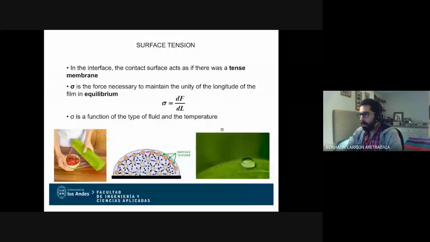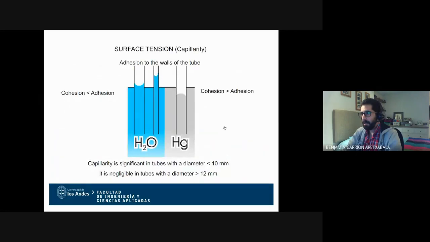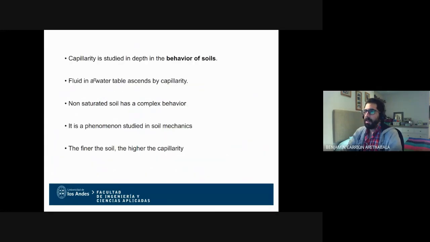Okay, so when or where is surface tension relevant? It is important in the behavior of soils. If any of you have studied soil dynamics, soil mechanics or groundwater, the surface tension creates a force called capillarity, which is the force that drives the movement of water through these very small voids that we talked about at the beginning.